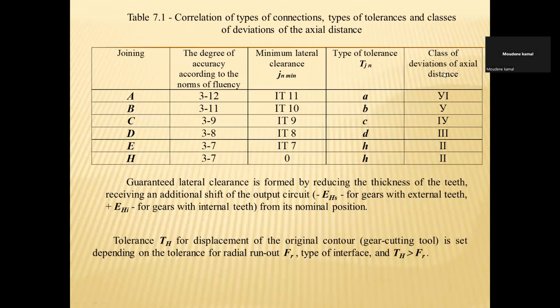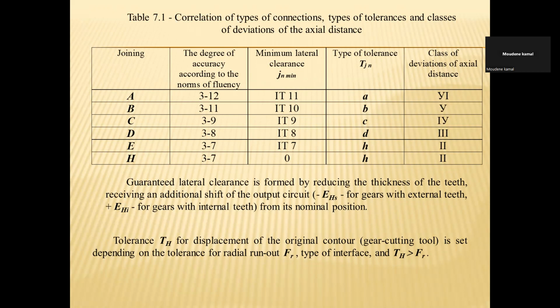And classes of deviation of axial distance. For A, it's 4 class. For B, it's 5 class. Then 6 class, 5 class, 4 class, 3 class, class 2, and class 2 for E and H.